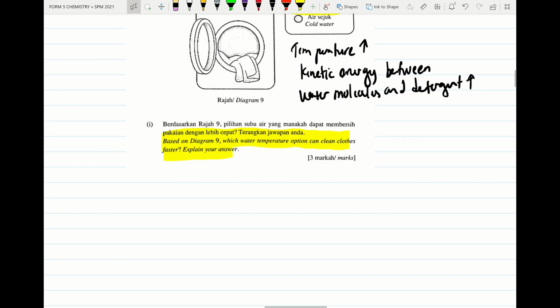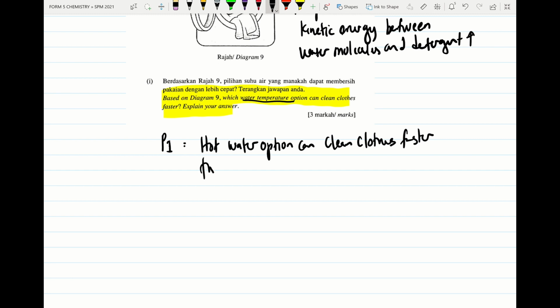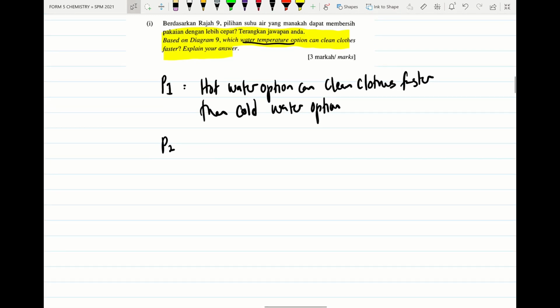All right, so why? Because, first, point number 1: which water option can clean? So the hot water option can clean clothes faster than the cold water option. All right, point number 2, we need to explain the answer.